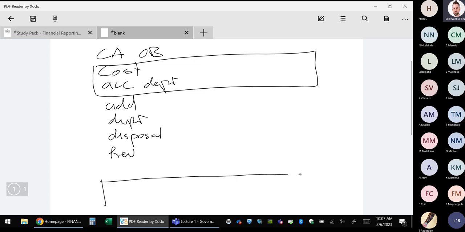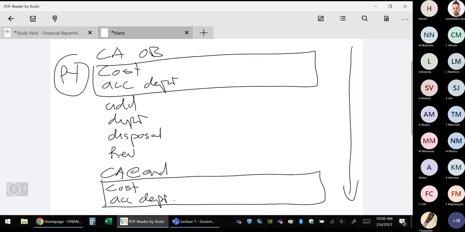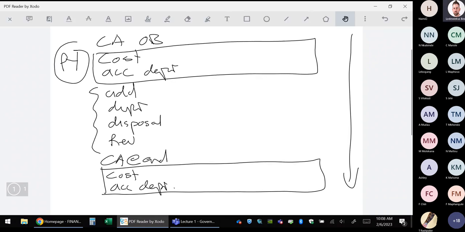And then we had carrying amount at the end of the year, cost, accumulated depreciation. All right, so everything was underneath each other. So that is the prior year. This piece was your recon for the year. And this is the current year end balances. That is how the PPE note used to look previously.